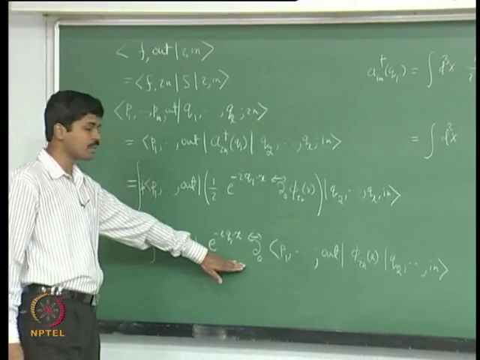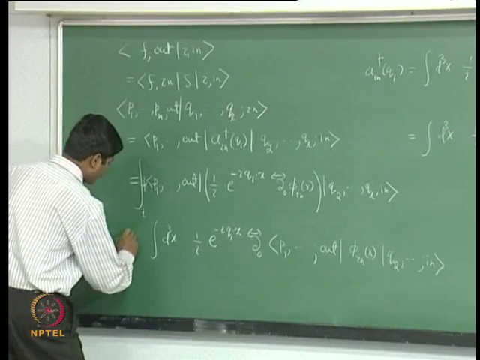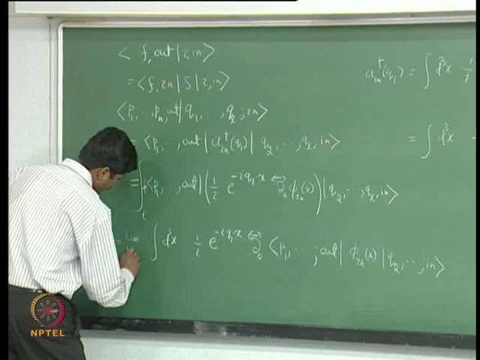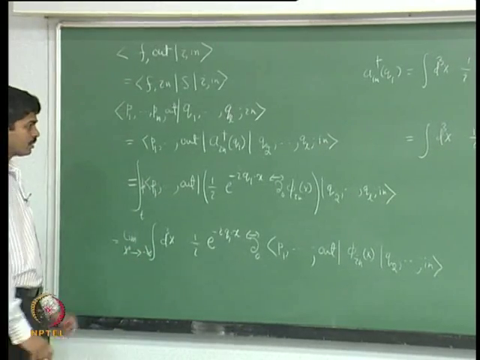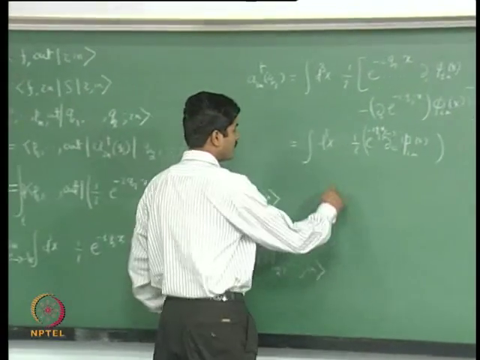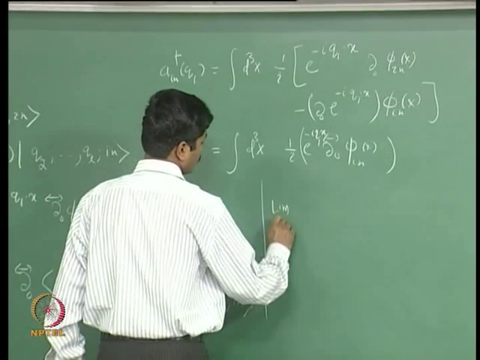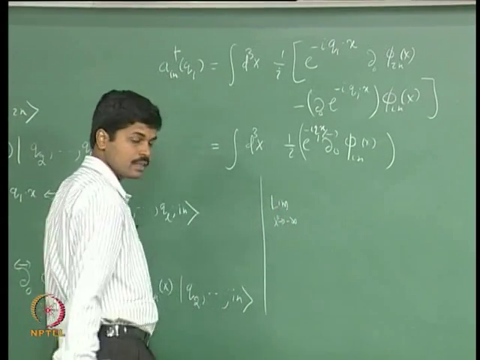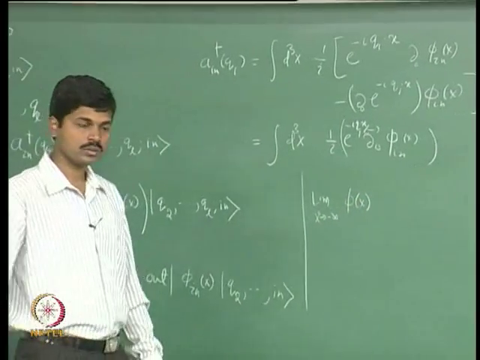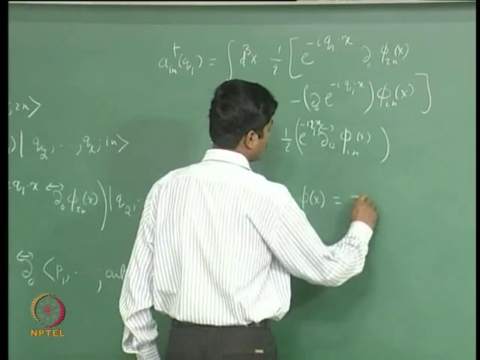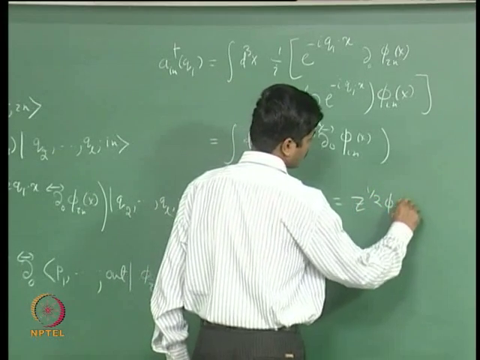This quantity is equal to the same quantity in the limit x0 tends to minus infinity, but in that limit, the interacting field phi of x is equal to z to the power half phi_in of x.